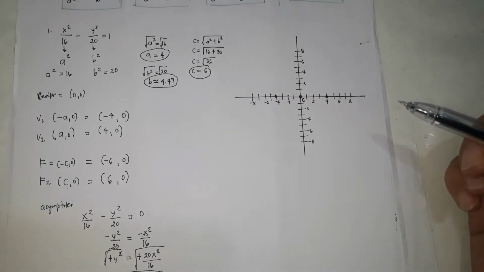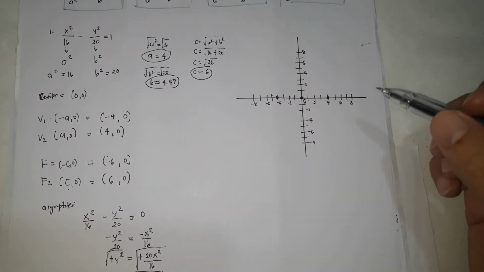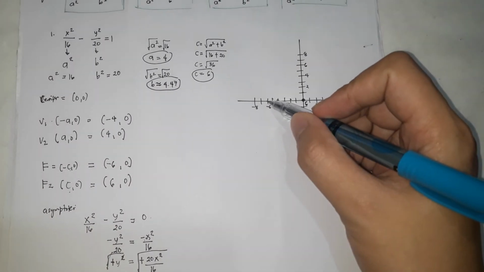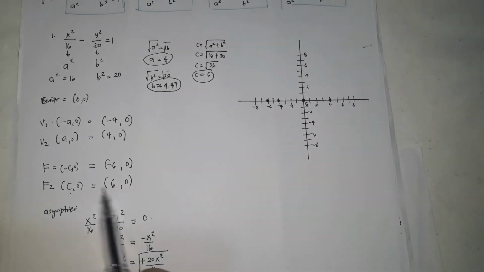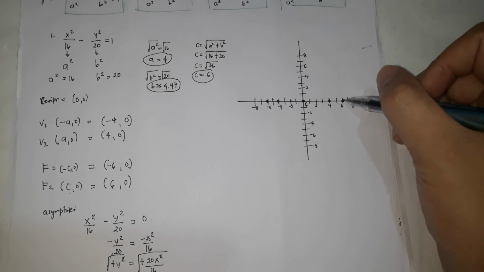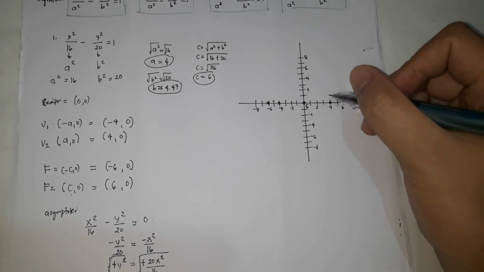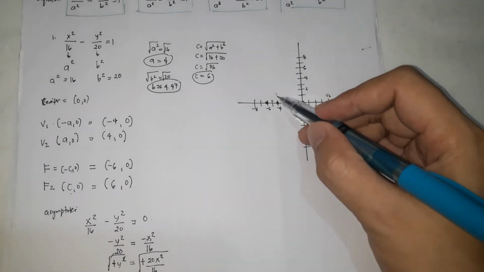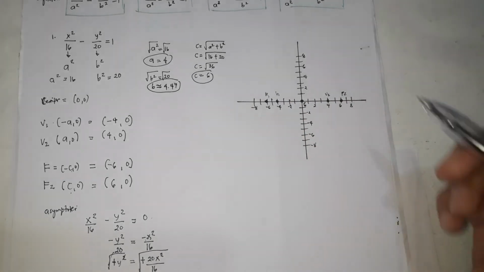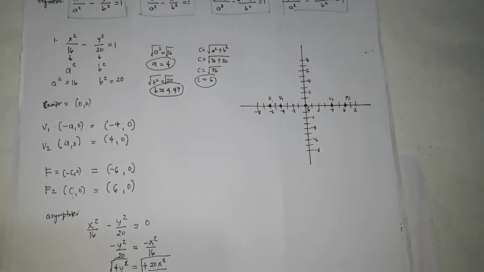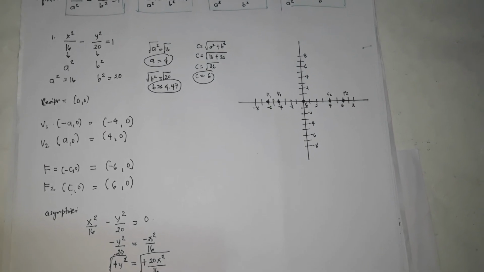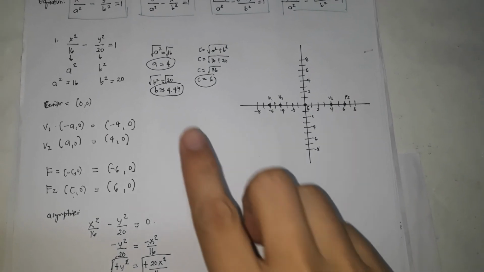So next, the foci 1, it's negative 6, 0. Foci 2 is 6, 0. This is foci 2, vertex 2, vertex 1, foci 1. Next, kailangan nating malaman si b. What is b? b is 4.47.